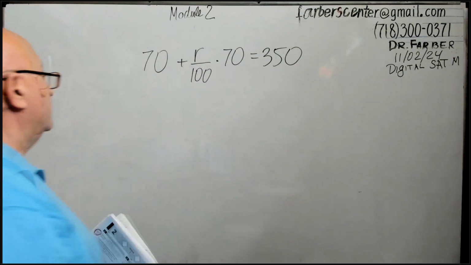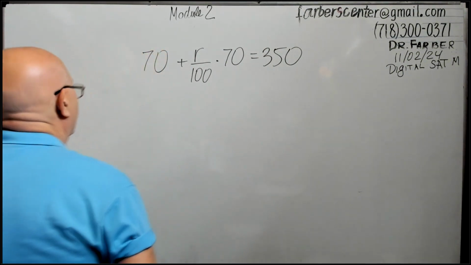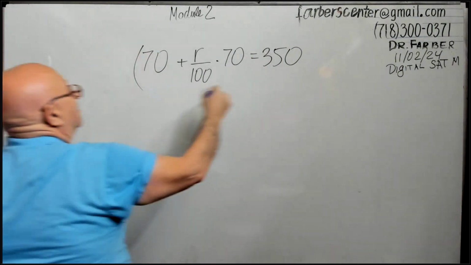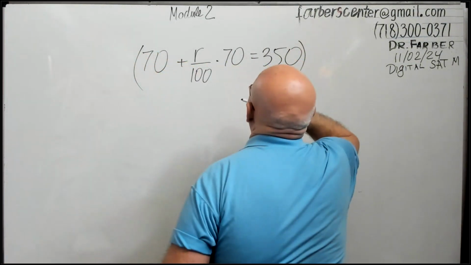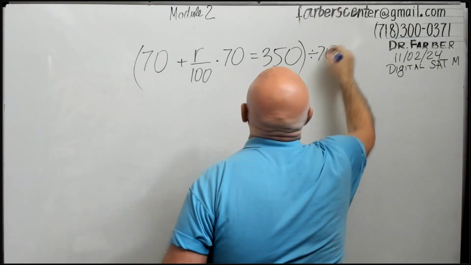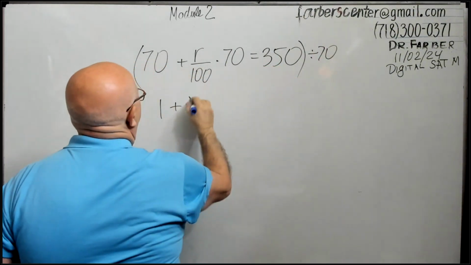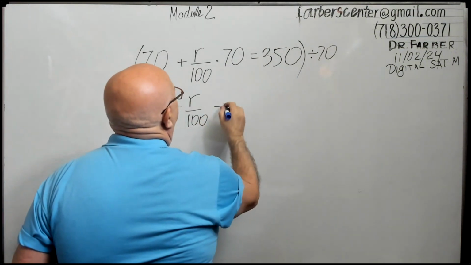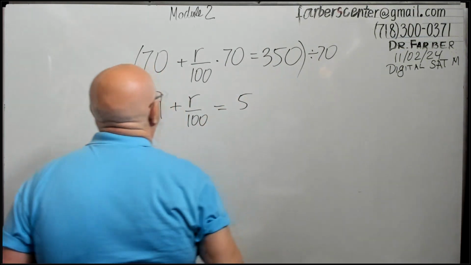Good. Now how to solve? Let's solve it. I can easily simplify by 70 everything, I divide because they're multiples of 70. I have 1 plus R over 100 equals 5.